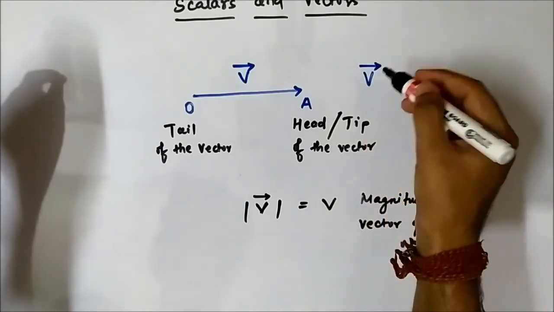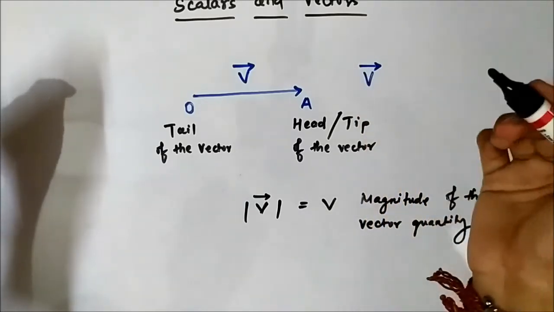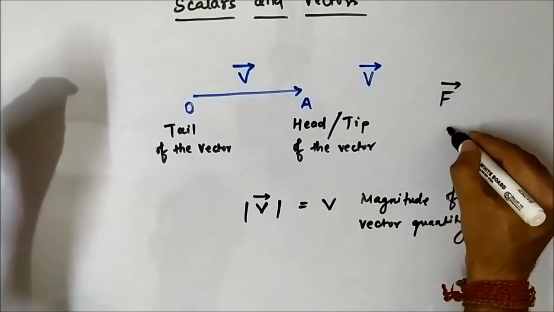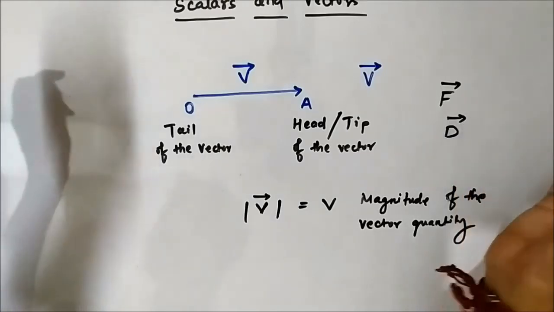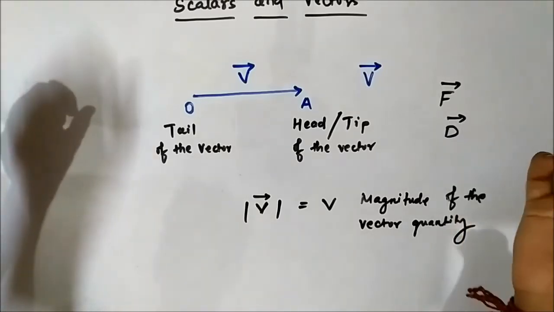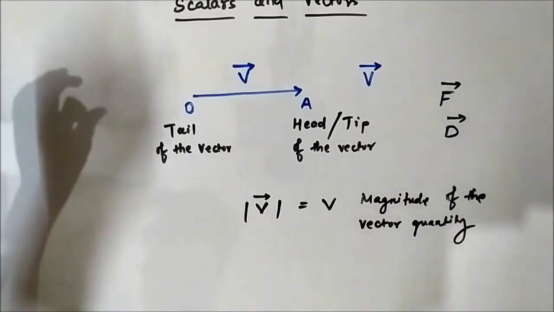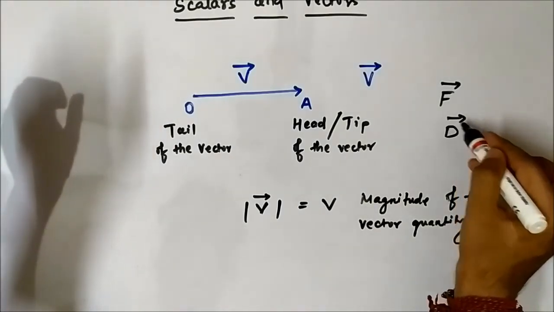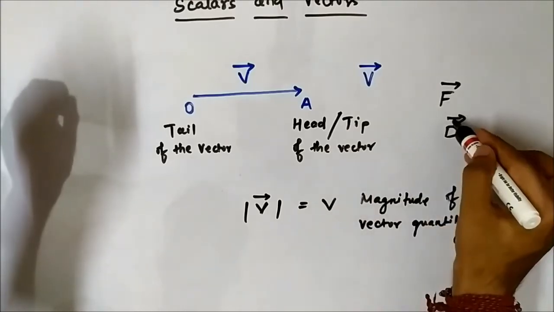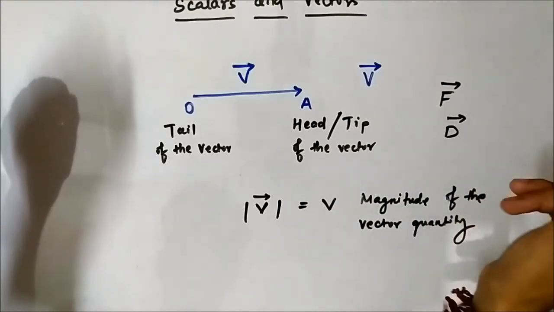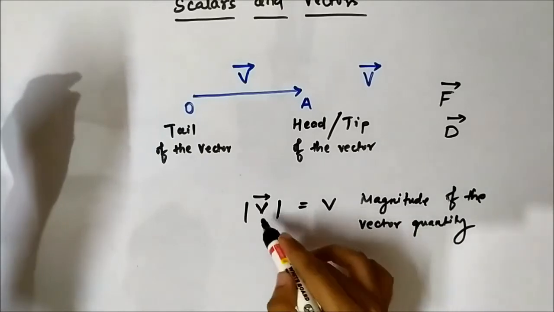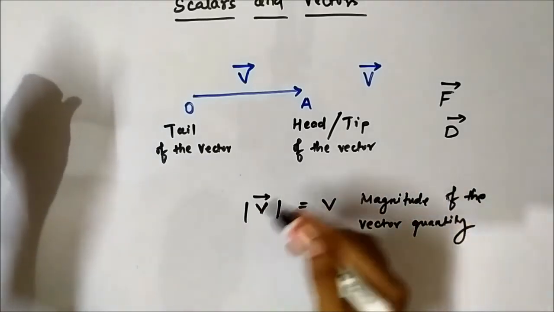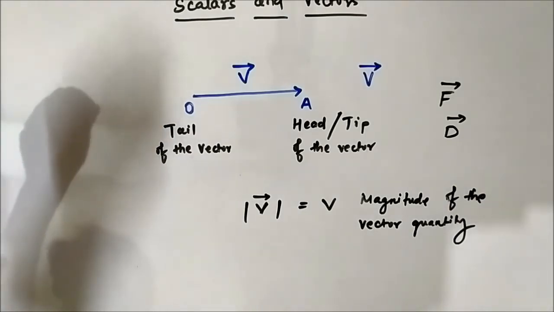For example, for velocity we can use V, for force we can use F, for displacement we can use D, your choice. But in order to make others understand that it is a vector quantity, you have to place this arrow sign on top of it. The magnitude of the vector quantity is given by this modulus.